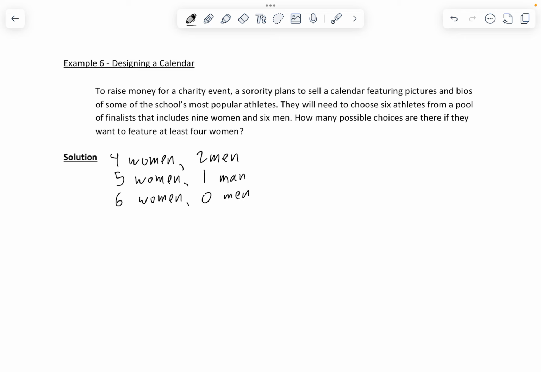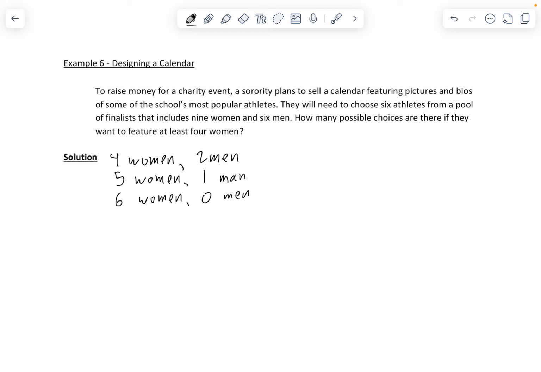These are all the possible ways that we could have a committee that has at least 4 women when the committee will be a total of 6 people, right? So we're choosing 6, and the pool of finalists includes 9 women and 6 men.